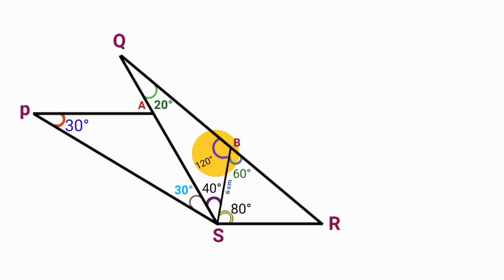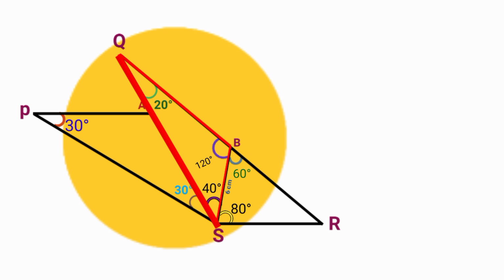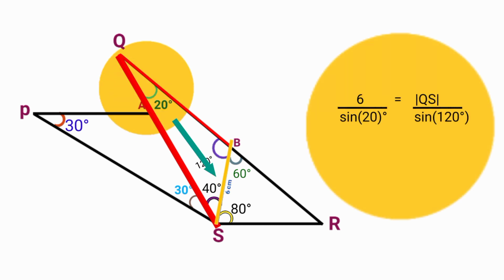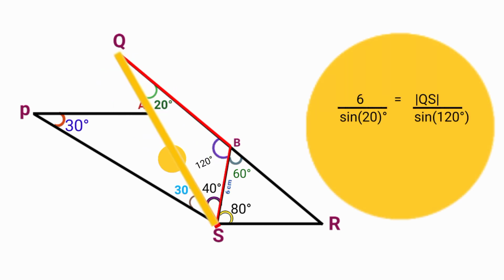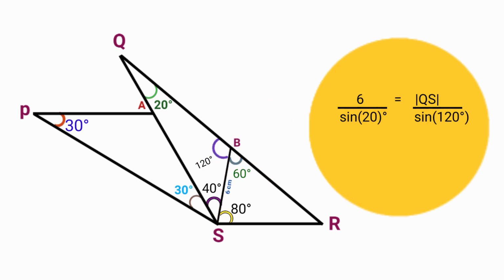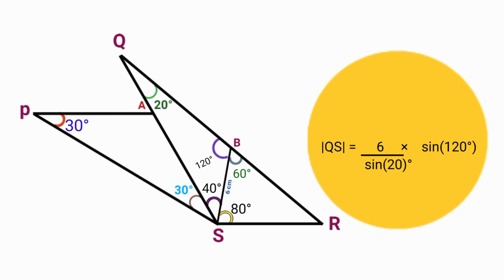So since we finally found the size of this angle here, we can find the length of this line here, line QS, from this triangle. So using the sine rule, 6 over sine 20 degree equal to line QS over sine 120 degree. So solving for QS, making QS the subject of the formula, line QS will be equal to 6 over sine 20 degree times sine 120 degree.